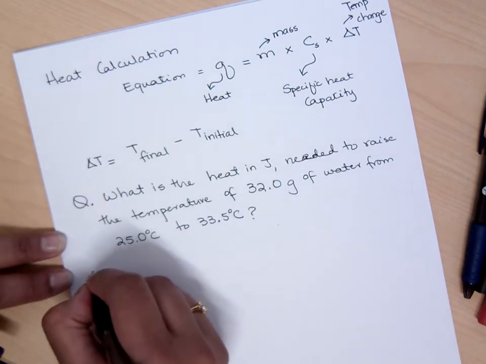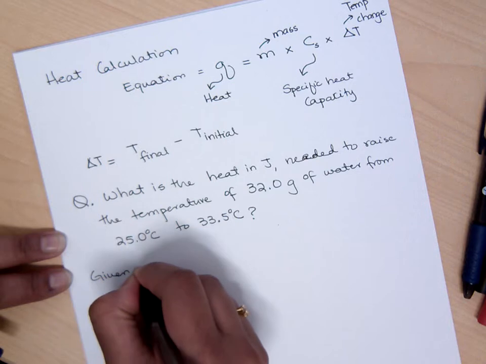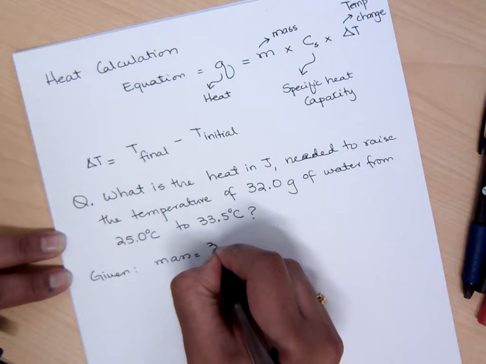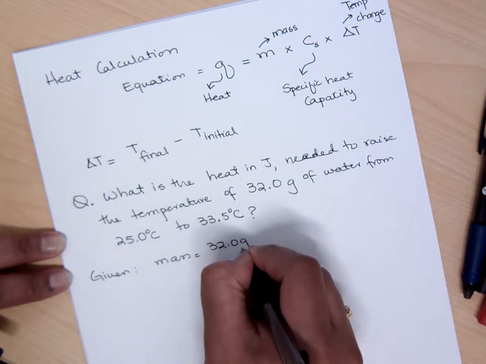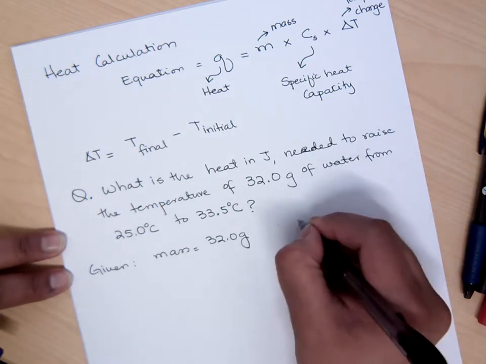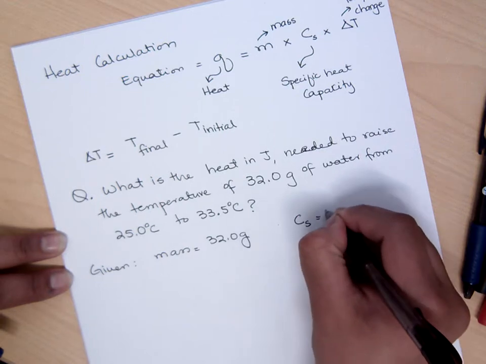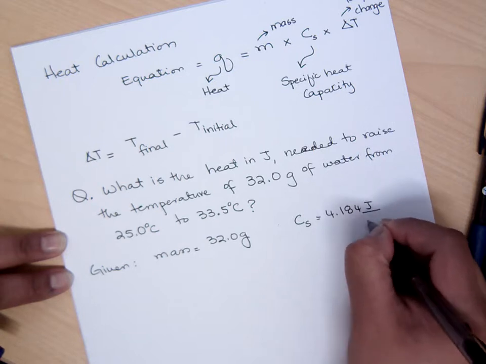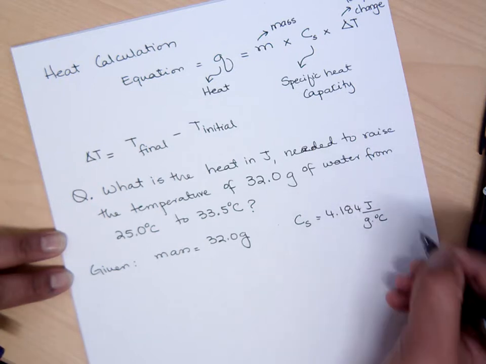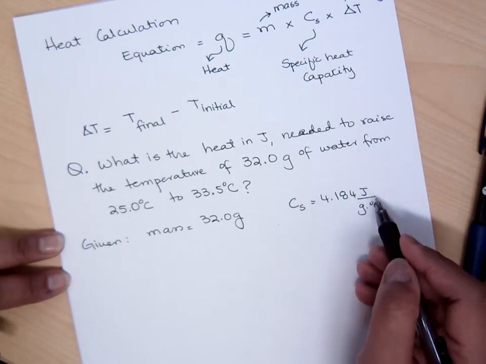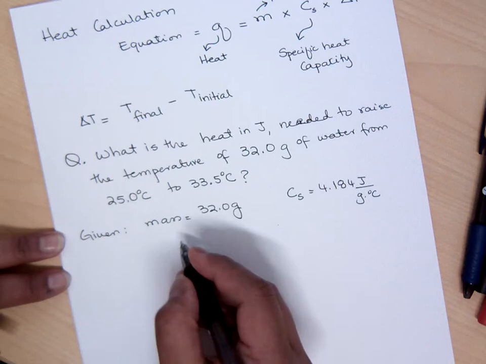We need to first recognize what is the given information. The given information in this case for mass is equal to 32.0 grams. It is important to solve a question like this. Heat capacity for water will also be provided to you, which is 4.184 joules per grams into degrees C. This will be provided to you, so you don't need to calculate or memorize this information.